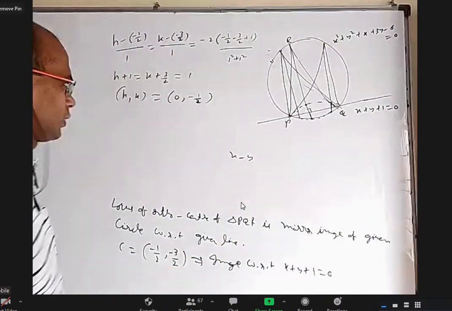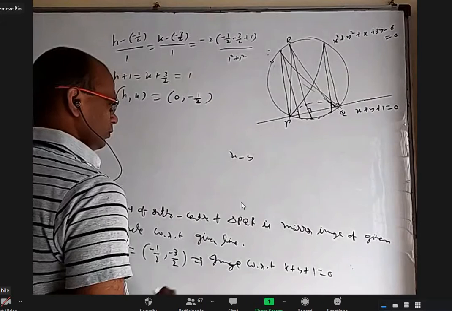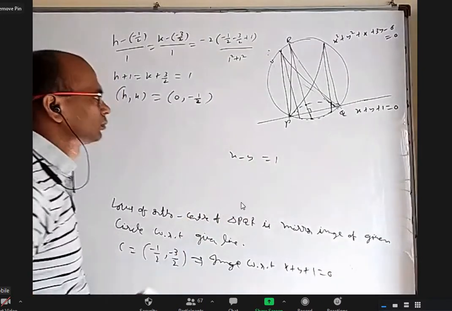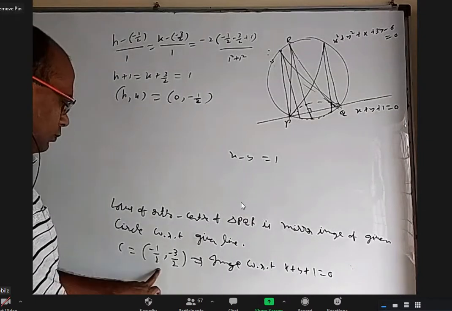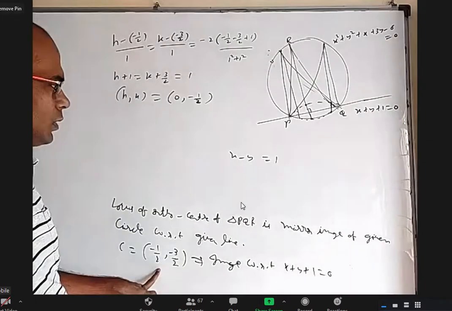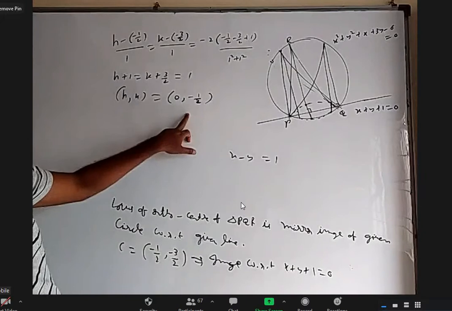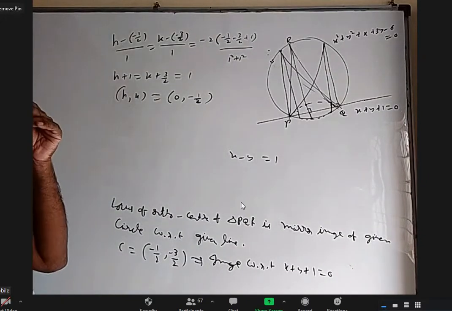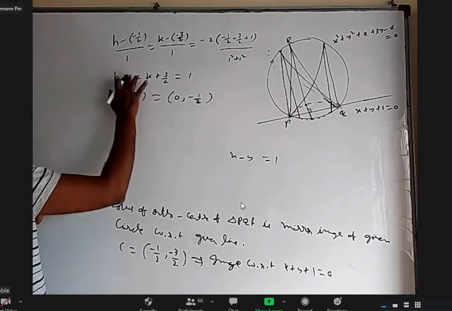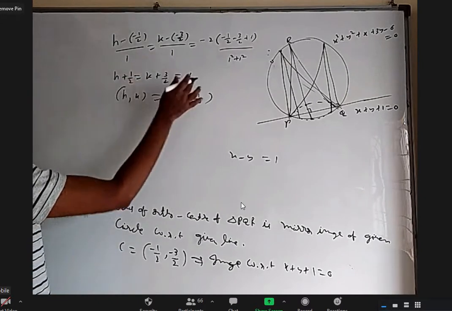Let's substitute this point. Minus 1 by 2 plus 3 by 2 plus 1. Oh, this is 1 by 2. Wait, this is h plus 1 by 2. So this is 1 by 2.